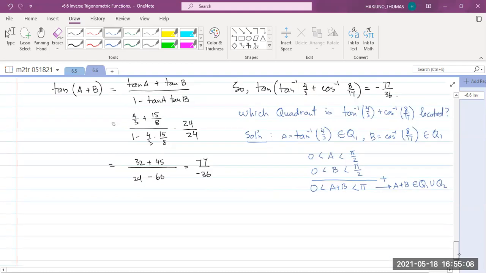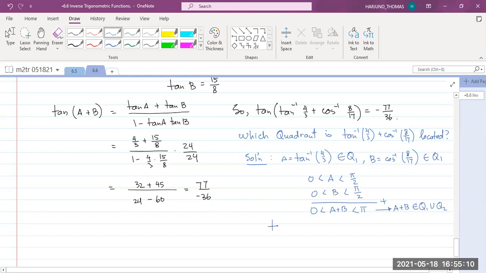Okay, but tangent of A plus B is negative, which means A plus B is either in quadrant 2 or quadrant 4. So from the sum of the angles, it is either in 1 or 2.